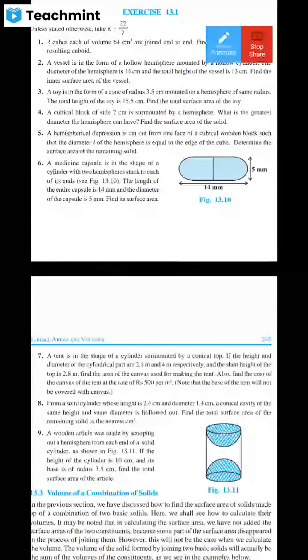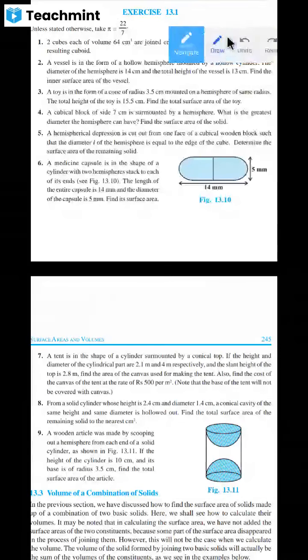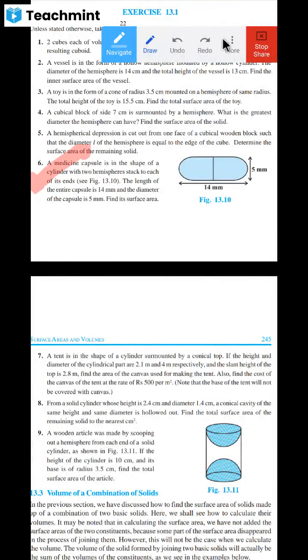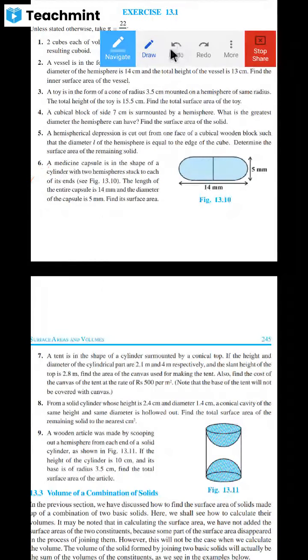First of all, do you agree that there is a cube of side L? Okay, write it down. I'm sorry, fifth one.